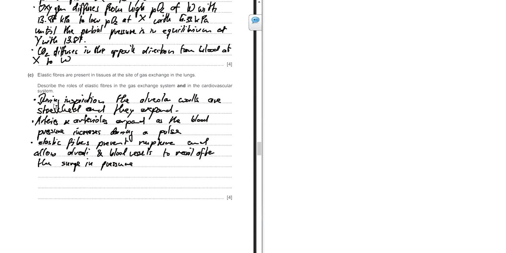So what points do we have? During inspiration, alveoli expand, arteries expand due to blood pressure, especially during pulse. Elastic fibers prevent rupture, third point, and allow the alveoli and blood vessels to recoil. That should be the fourth point.